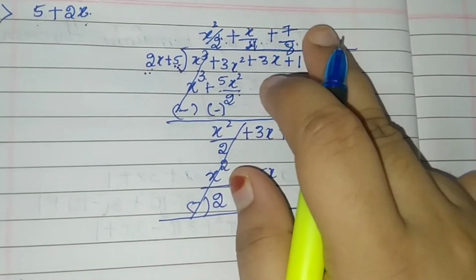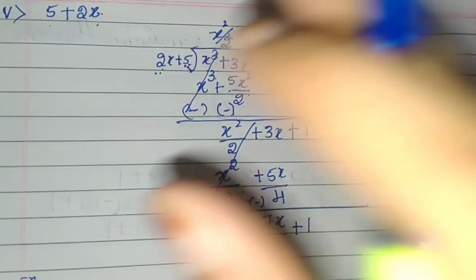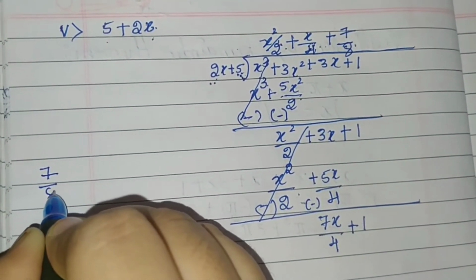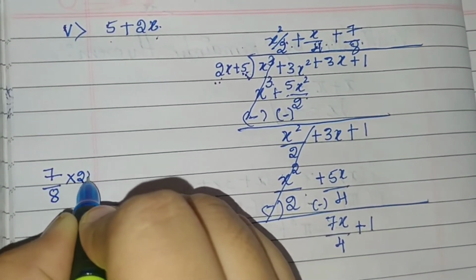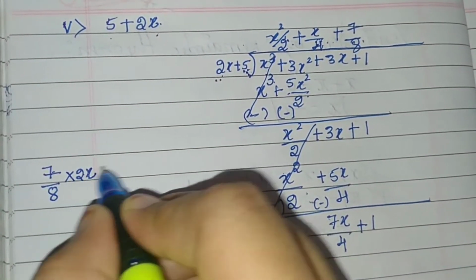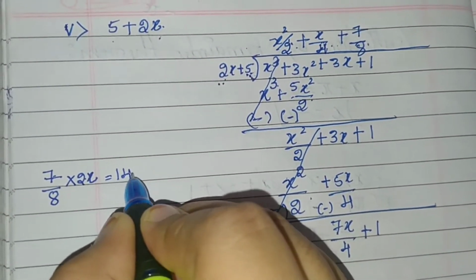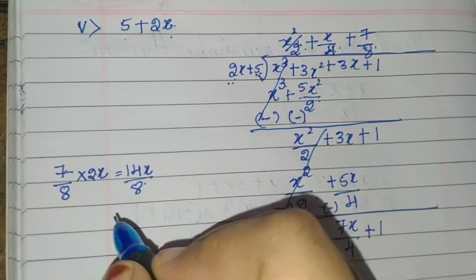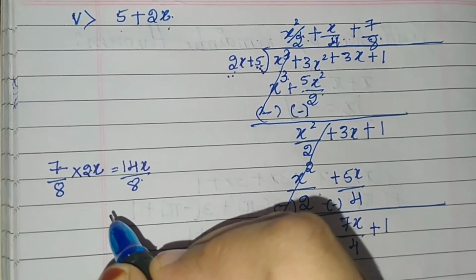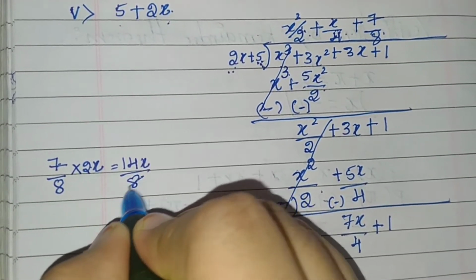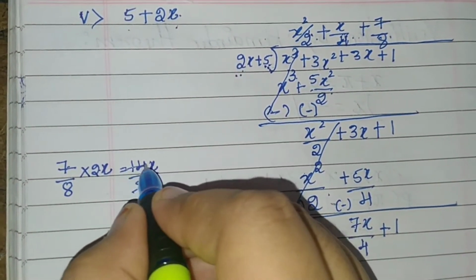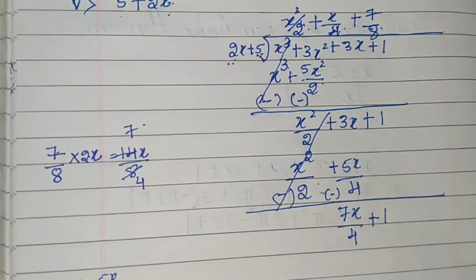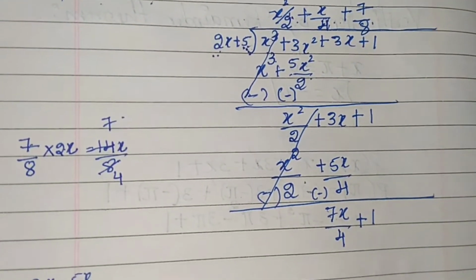So what you have to do now? 7 by 8 into 2x. 7 2s are 14. 14x divided by 8, isn't it? So 14x, in the sense here you can see 2 4s are 8, 2 7s are 14. Okay, 7 by 4x is your answer.